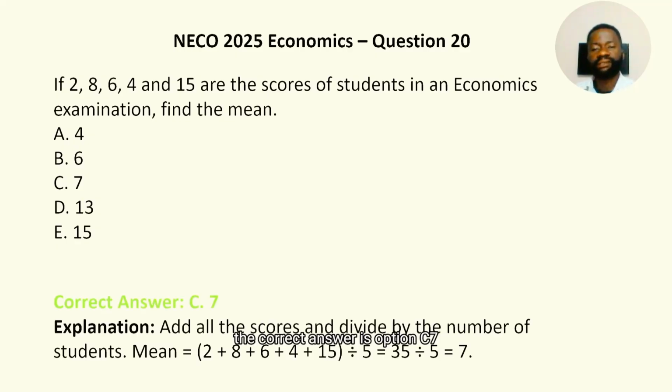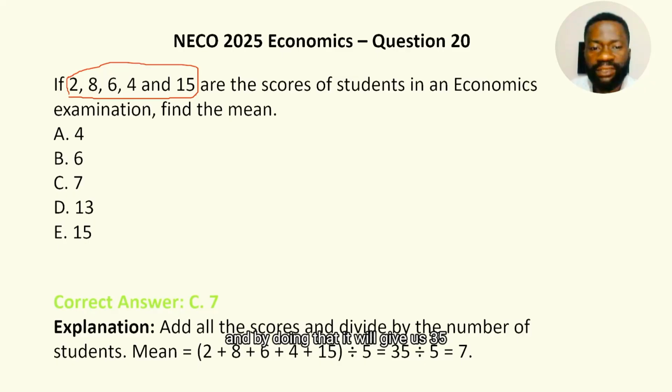The correct answer is option C, 7. How do we arrive at that? We are going to add the whole of this together, and by doing that it will give us 35 and divide it by the number of students. How many students do we have in the class? They are 1, 2, 3, 4, and 5. So it's going to be 35 divided by 5. That gives us 7. That is how we arrive at this answer.